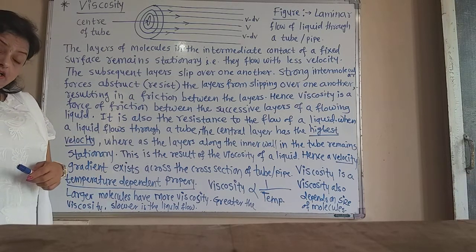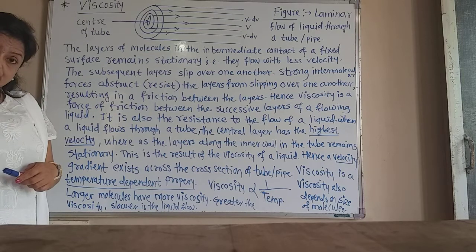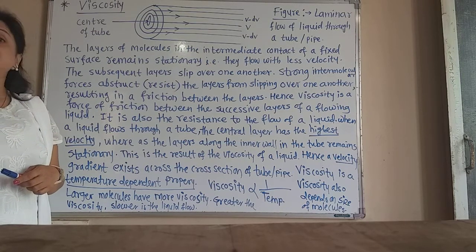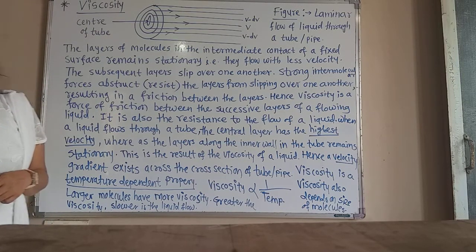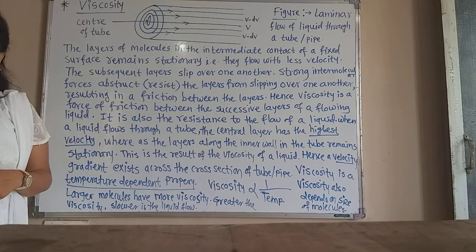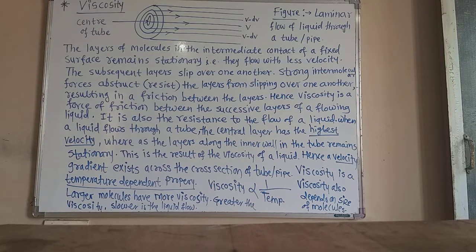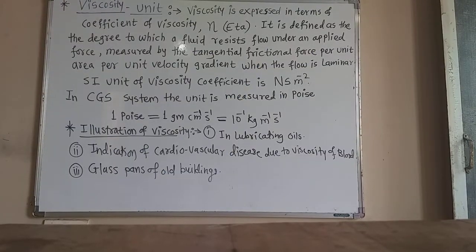Now let us learn the unit of viscosity. In which unit is viscosity measured, because viscosity is also a quantitative property of the liquid. And we will also learn what the effects of viscosity are.